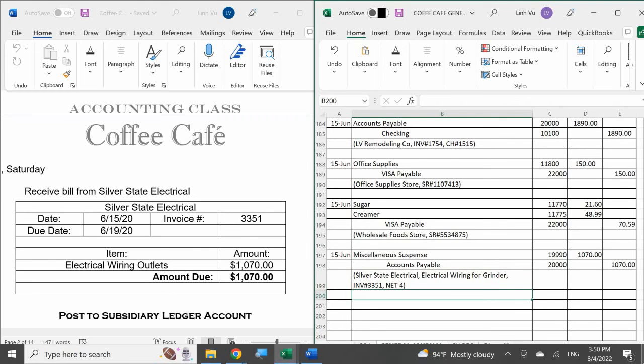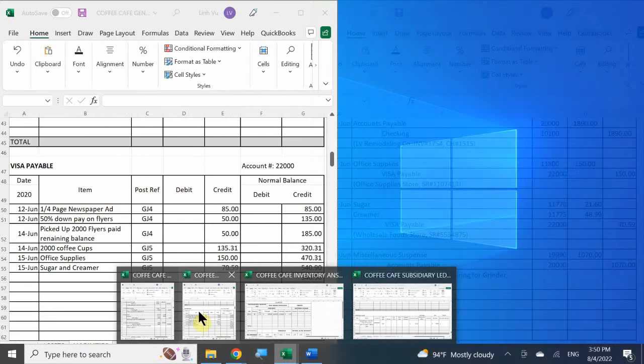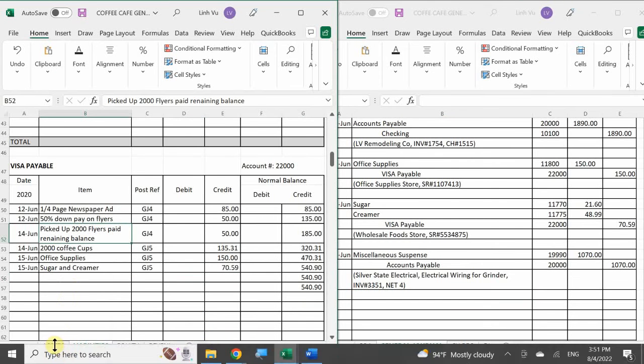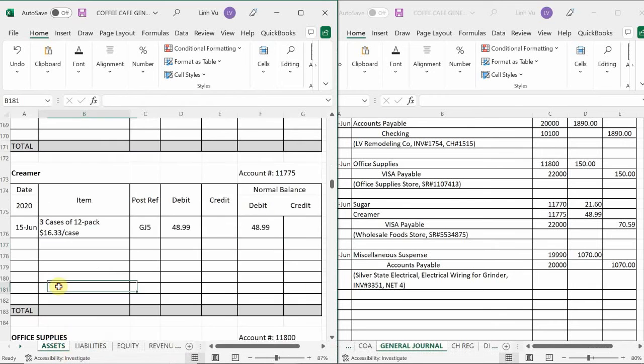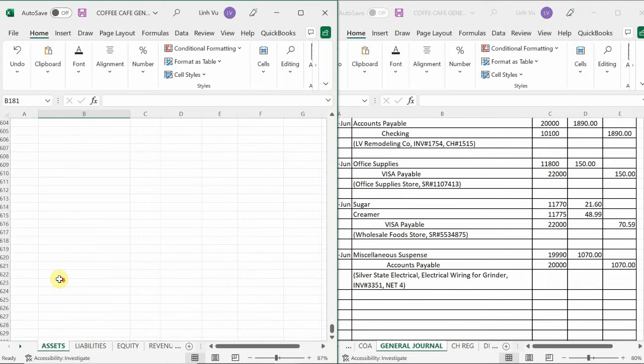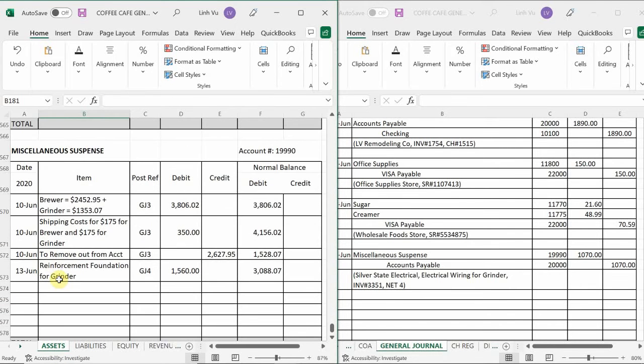And then you need to go to the general ledgers. And in assets, we need to find miscellaneous suspense. And it's the 15th.